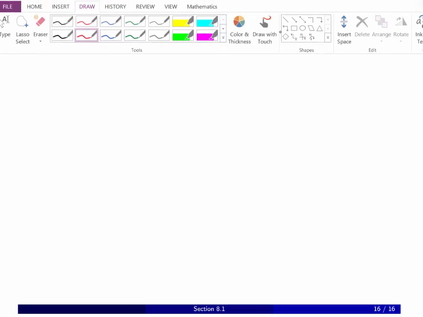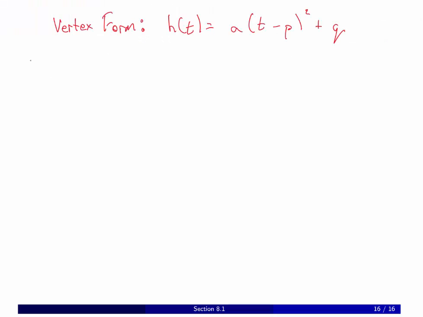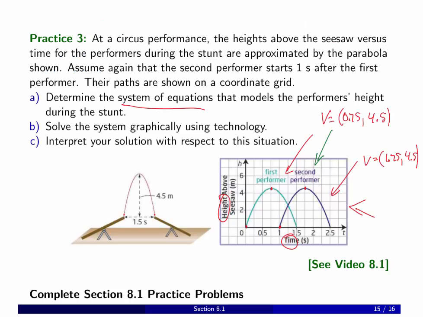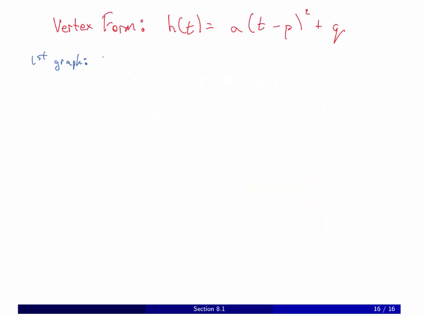First graph, let me confirm that. Yep. The vertex was 0.75 and 4.5, which implies that p is equal to 0.75 and q is equal to 4.5. So all we need to do is solve for a, really.